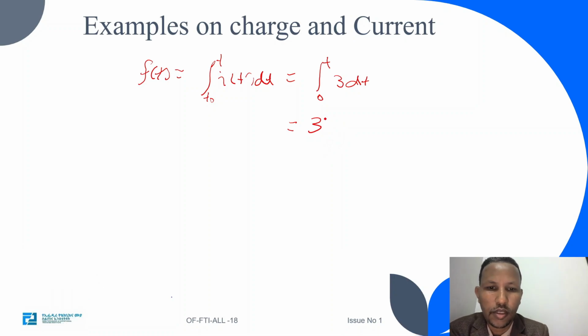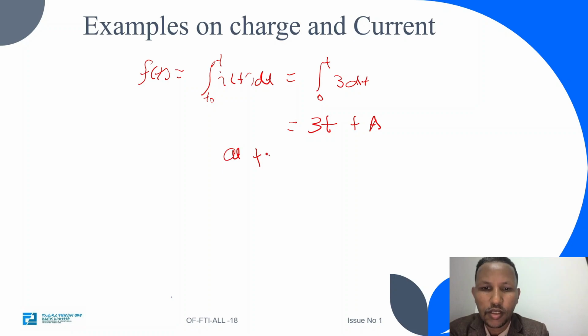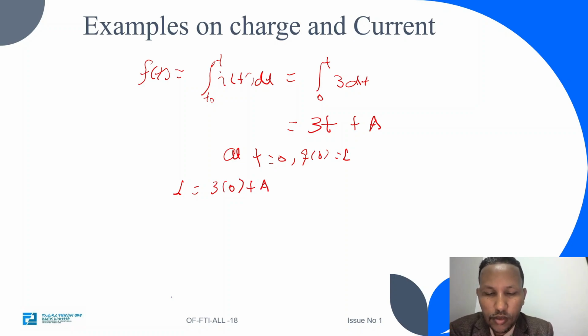that is 3t plus a certain integration constant a. To determine the constant, let's consider t equals 0. At t equals 0, Q of 0 is 1. Let's substitute this: 1 equals 3 into 0 plus a, so 1 equals 0 plus a.